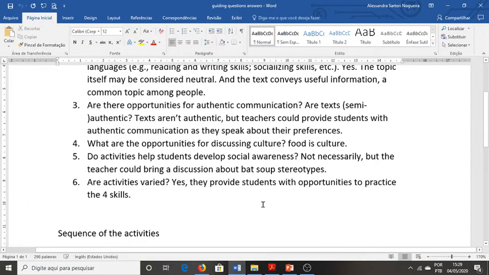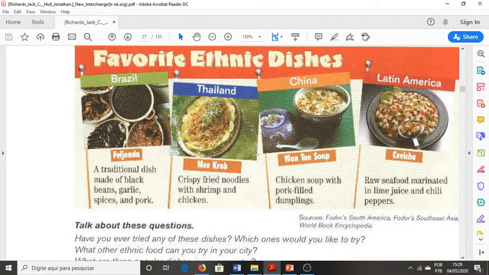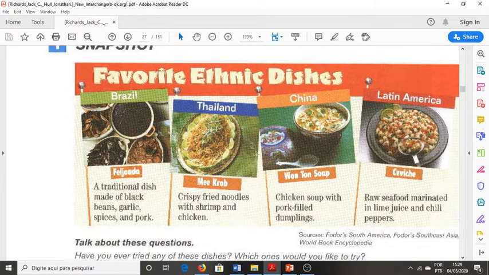So if you're talking about food, you could also talk about the pandemic we're living, okay? Because supposedly it came from food, from ethnic food.